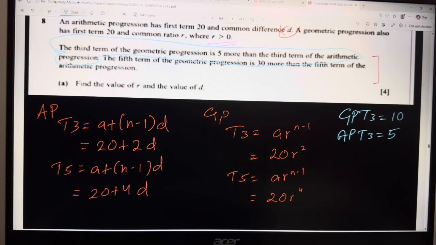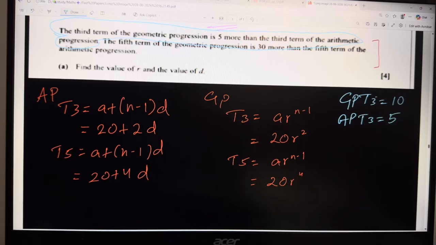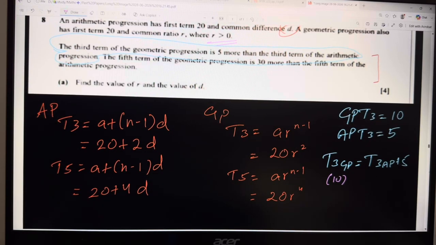So now if I give it an example value, and I want to equate them and make an equation, they have to be equal. So for them to be equal, I have to do this: third term of GP is equal to third term of AP plus 5. Why? Because if you look right here, in my example values, this is 10 and this is 5.